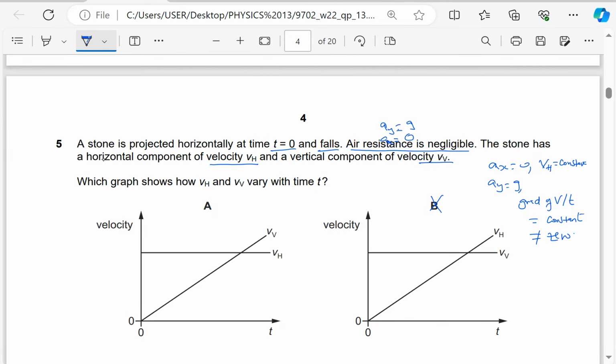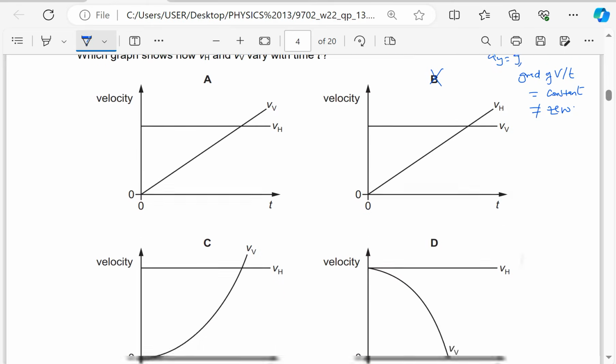So the line cannot be horizontal for V in the vertical, because if it is horizontal, it means the gradient is 0, which means the acceleration is 0. So it should not be horizontal. And the gradient should be a constant. That means if it is not a straight line, then it is wrong.